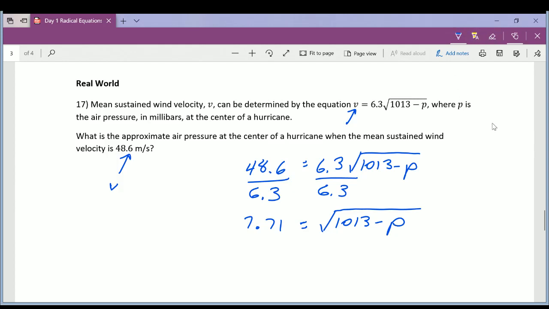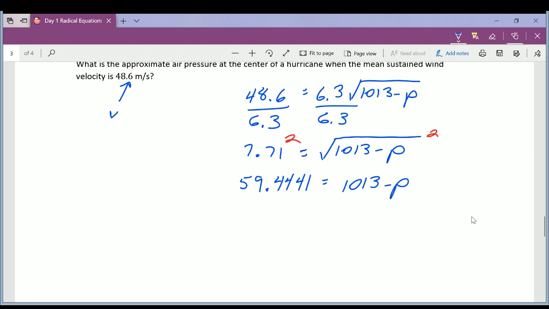And like we've been doing, we'll square both sides. 7.71 squared, and I'll go ahead and write down the entire number here. That's going to be 59.4441, which equals 1013 minus p. And get P by itself.